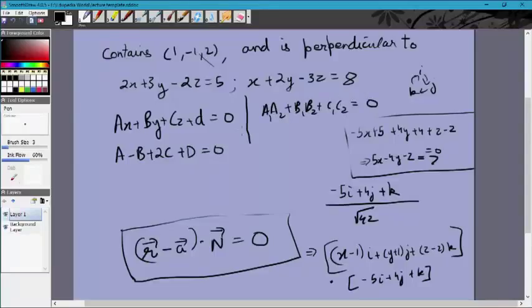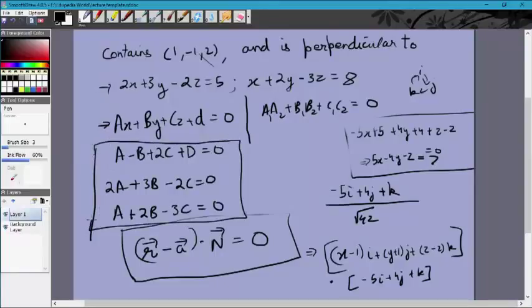That is the condition we have. So we'll use that. So making this plane perpendicular to this plane gives me 2a plus 3b minus 2c is equal to 0, and making it perpendicular to this one gives me a plus 2b minus 3c is equal to 0.